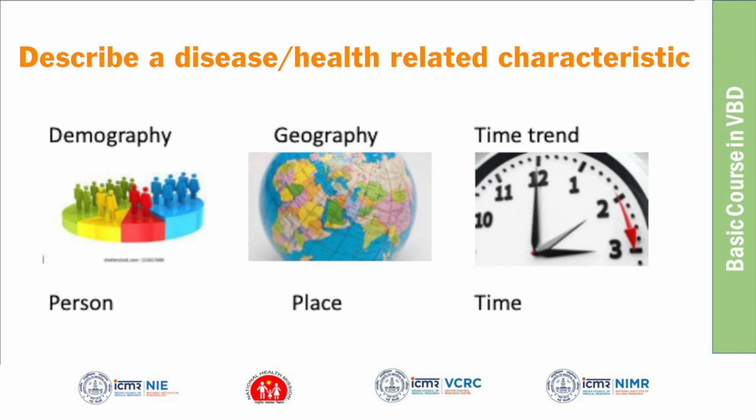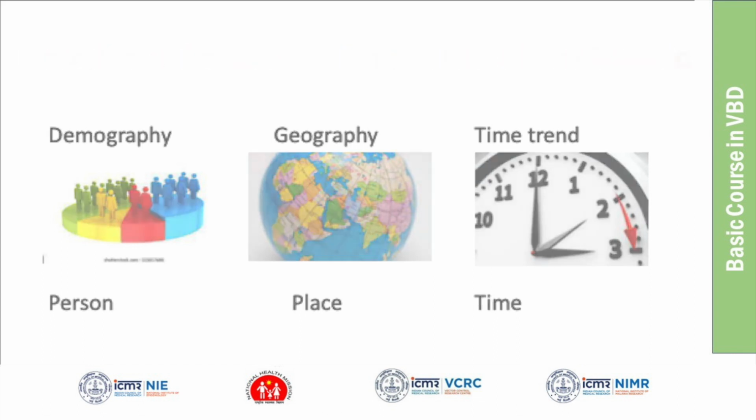So it is the geographical distribution of a disease. So the first one is demographic distribution, the second one is geographic distribution, that is called place description, and the third one is time: how the disease condition is changing over time, how the trend occurs, when it is increasing, when it is decreasing, when it is vanishing, or when it is re-emerging. So these are all the factors we are going to see today.